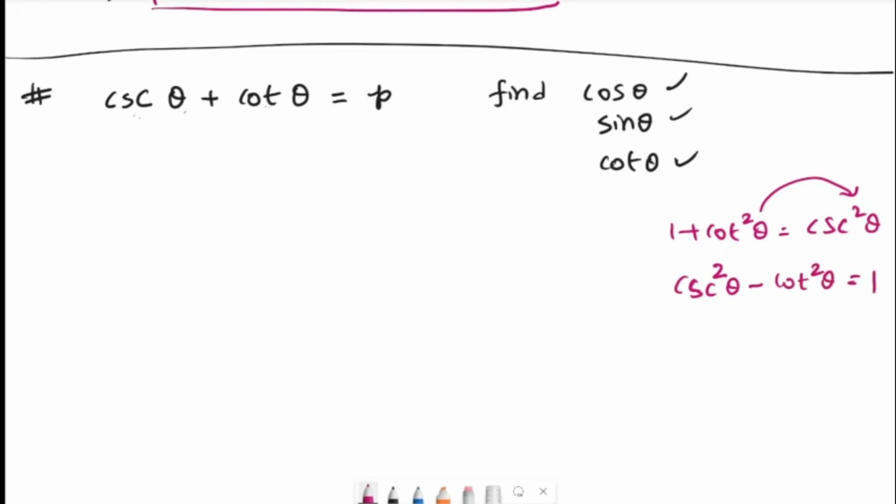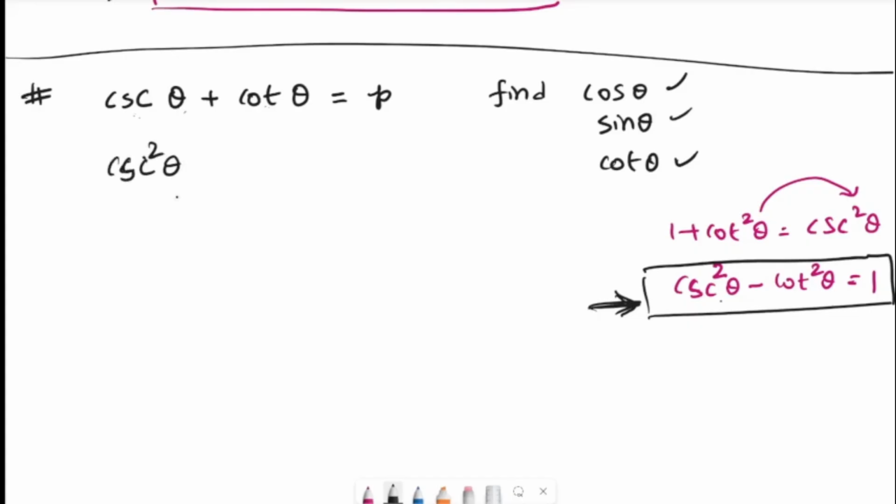This is basically the deal maker here. This is a known fact, a formula: cosecant square theta minus cot square theta equal to 1. We know this.